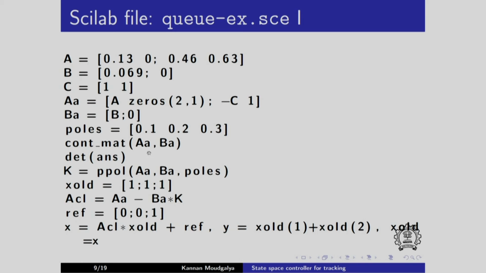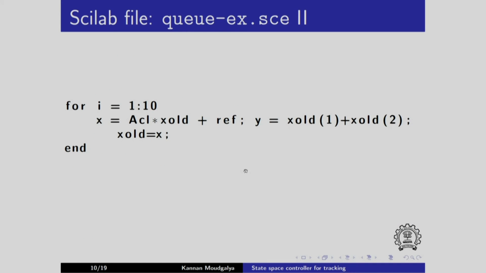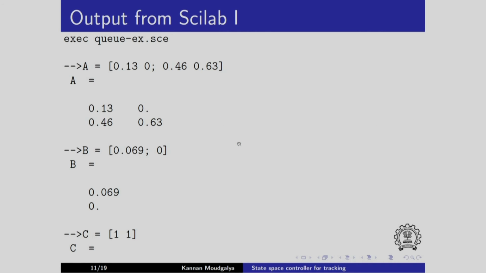We calculate the controllability matrix, check whether it is non-singular. Then we place the poles using Ackermann's formula. Let us see this in the output of this given subsequently. Here it is, the output from Scilab.